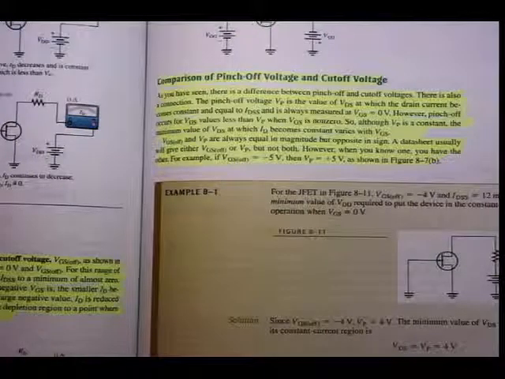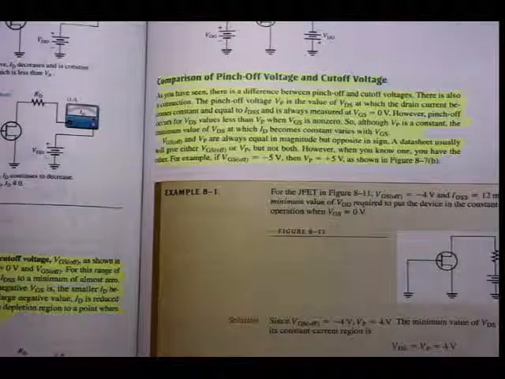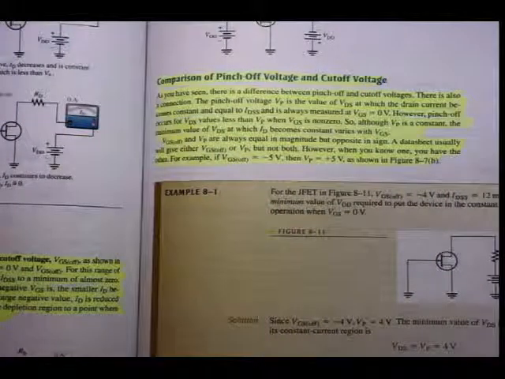Don't get confused between pinch off voltage and the other pinch off voltages where I started to bias already. Remember, V pinch off is where VGS is equal to 0. The other pinch off voltages are not the same, of course.